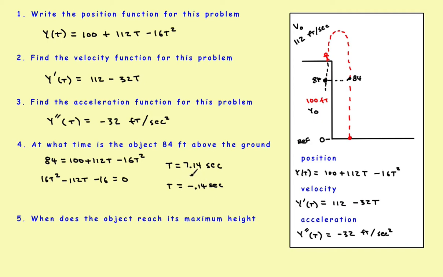So as you work these problems, if you get an answer that really doesn't make any sense, go ahead and throw it out. So in our case, we will throw out this answer right here. So I'm going to throw out this, and I'm only going to keep this answer right here. So 7.14 seconds after you throw it, this will be 84 feet above the ground.